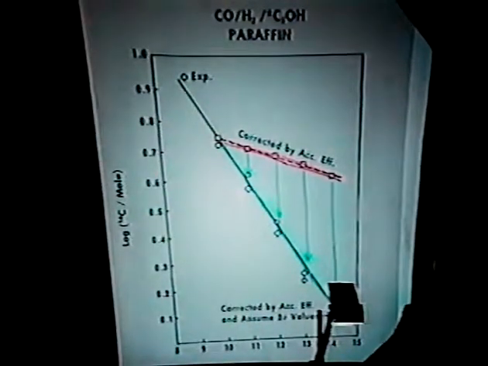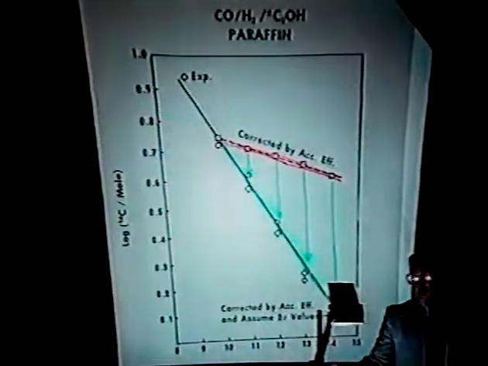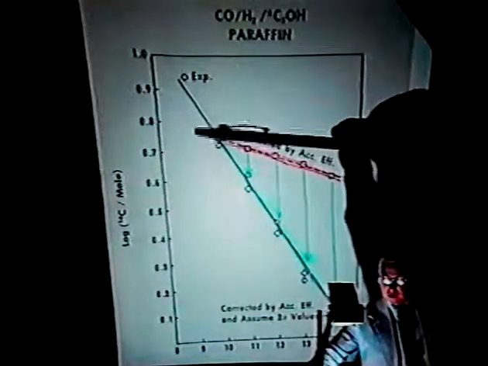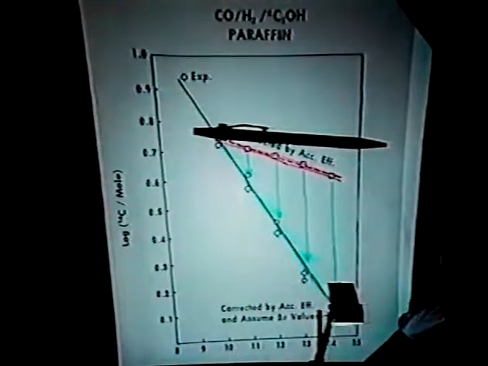And so the two corrections will get you to the experimental data. To show you what we are starting out with, we would say that this agrees with the alcohol initiating, giving you a constant value.